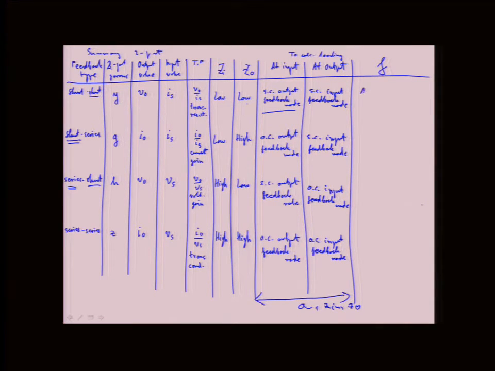So apply voltage at output. And then what do we do with the input? Which quantity are we passing to the input in shunt?